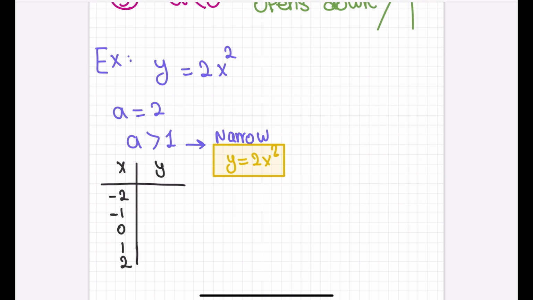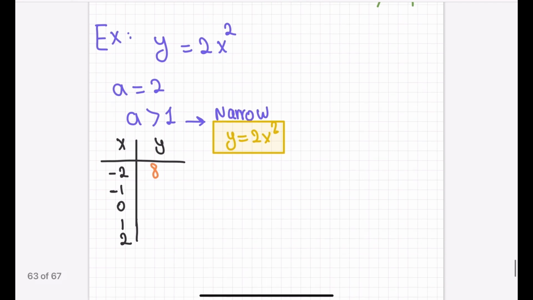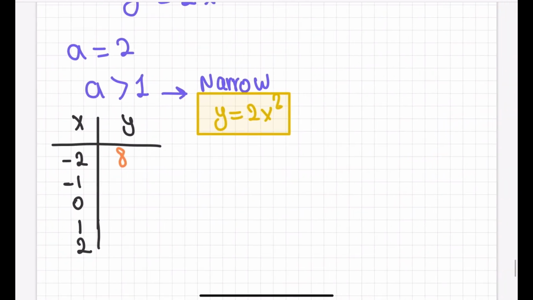So -2 squared is 4, 4 times 2 is 8. -1 squared is 1, 1 times 2 is 2. 0 squared is 0, 0 times 2 is 0. 1 squared is 1, 1 times 2 is 2. 2 squared is 4, 4 times 2 is 8.